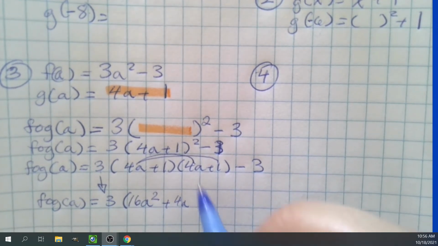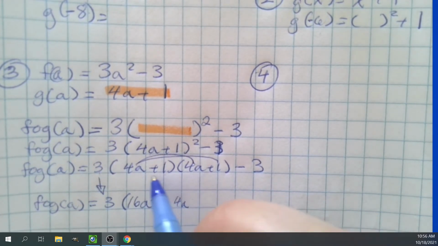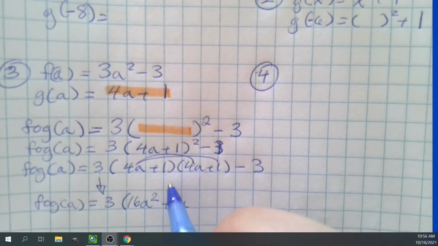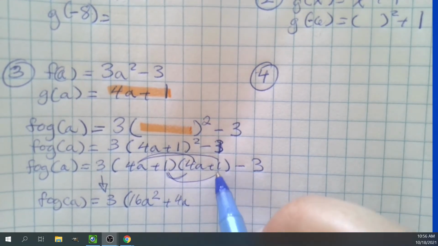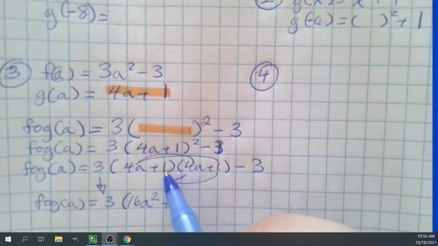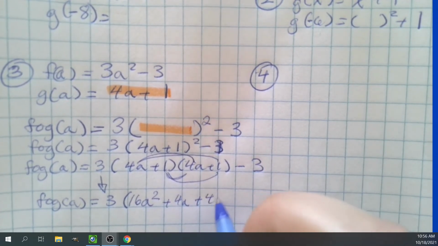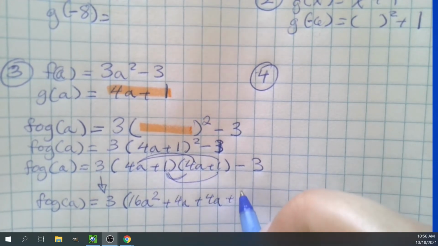Now we're going to multiply the 1 times both of those. So we just took this 4a and distributed it to the other parenthesis. We're now going to distribute this 1 to the other parenthesis. 1 times 4a is 4a, right on the money. And then 1 times 1 is 1.